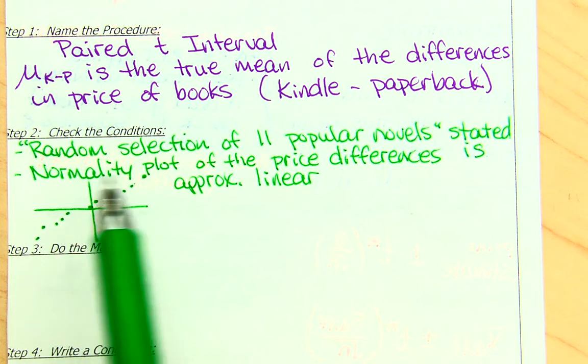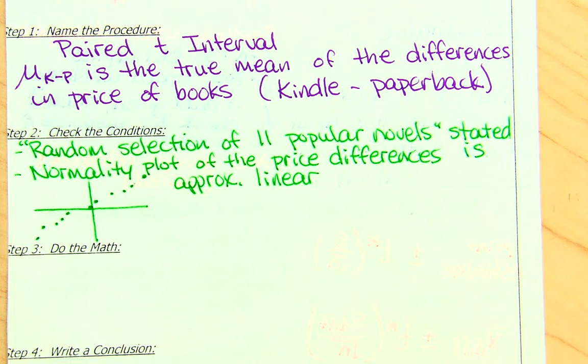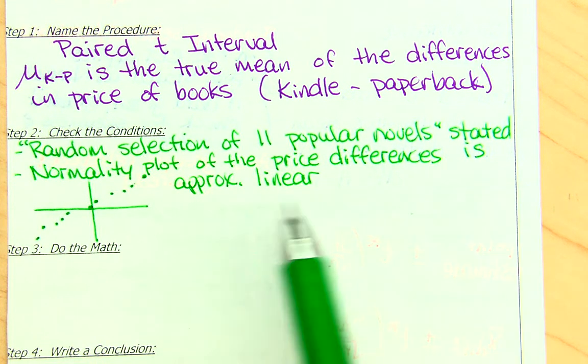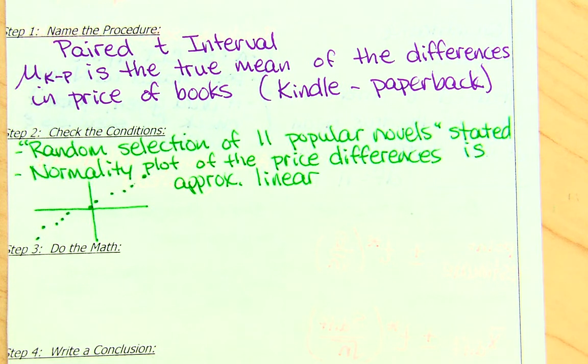I sketched the plot, and then I made a statement about what I was looking for and what I found. So I did a normality plot of the price differences, and I see that it's approximately linear, which is what I wanted to happen.